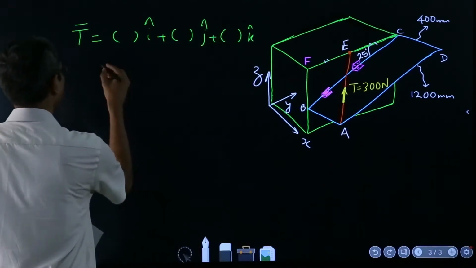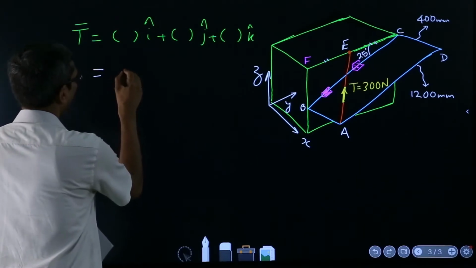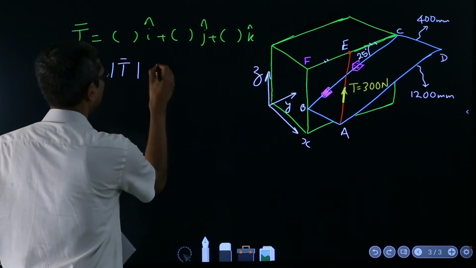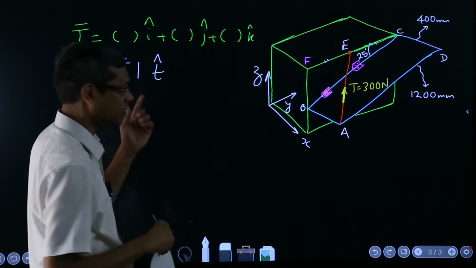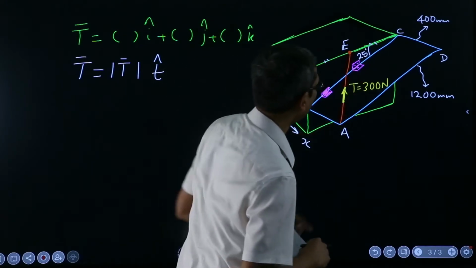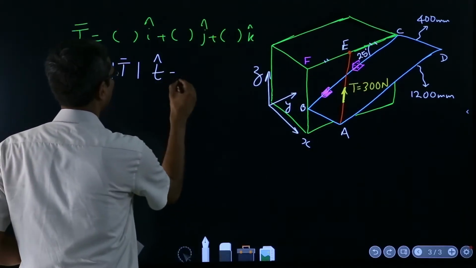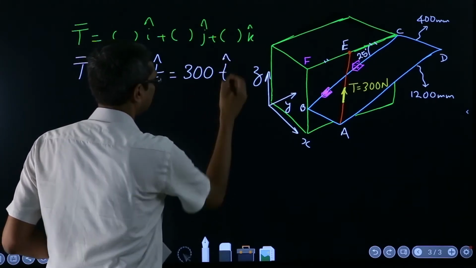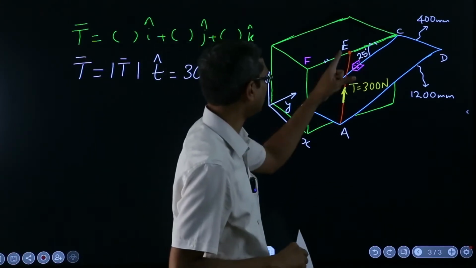So we are supposed to first find out T magnitude and T unit vector. So T will be represented like this. The easiest way to do that, because the magnitude is already known, so I can write it here, 300 T hat.